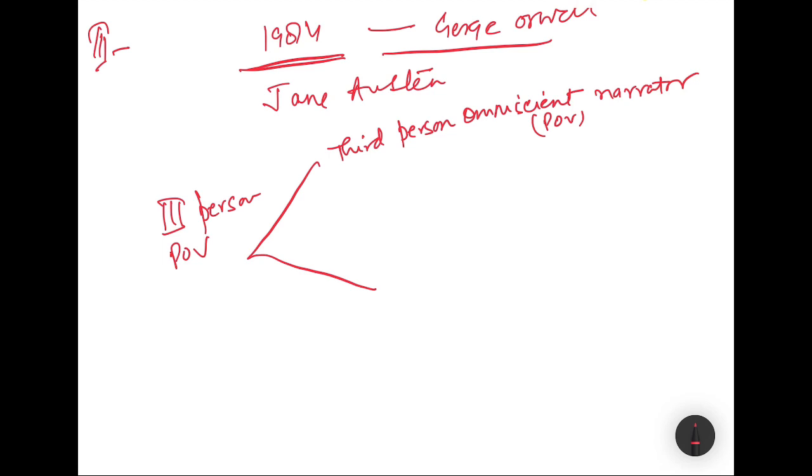And then we have third person limited point of view. As the name suggests, the third person omniscient narrator assumes a vantage point and is not only able to recount the action thoroughly and reliably, but is also able to enter the mind of any character in order to reveal his or her thoughts.